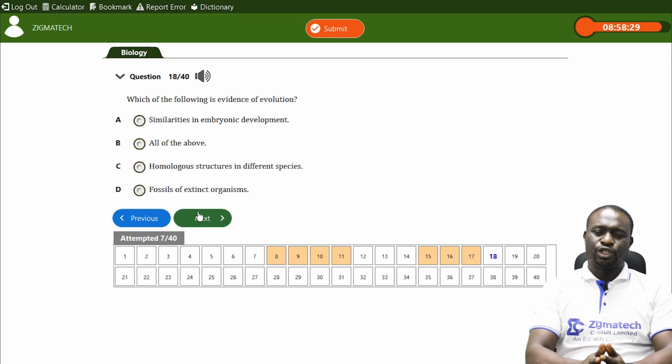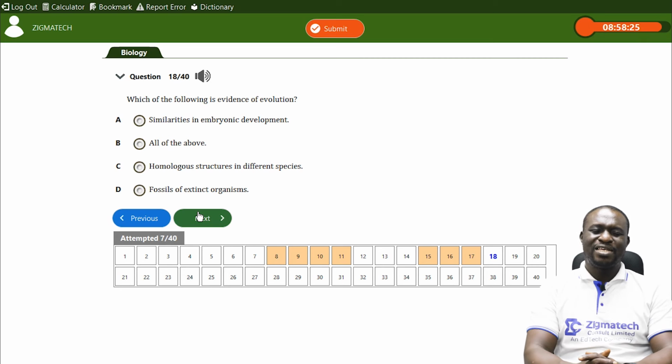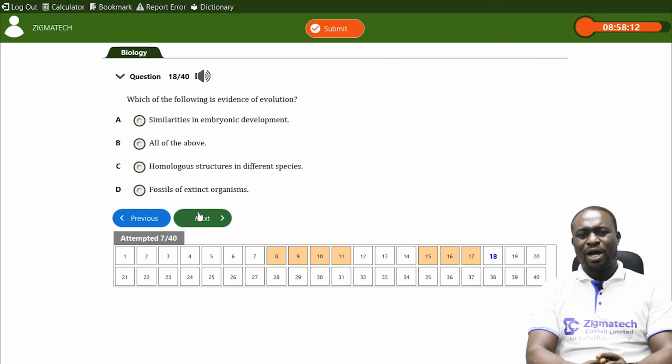Next, question 18. Which of the following is evidence of evolution? Now, we have several evidences of evolution. Permit me to mention at least three. One, we have the evidence of fossils.